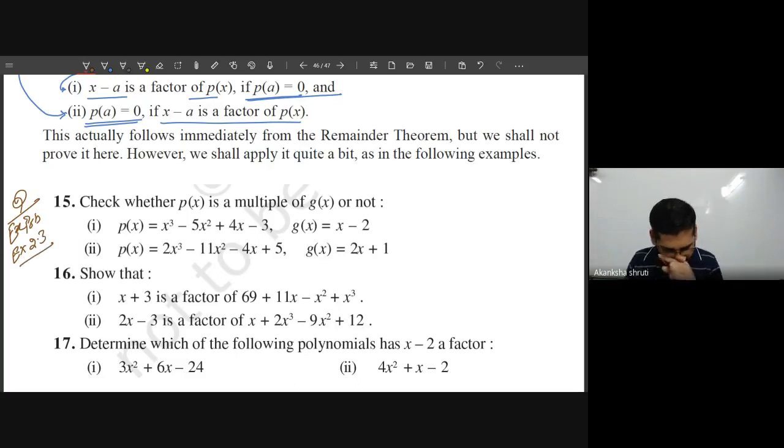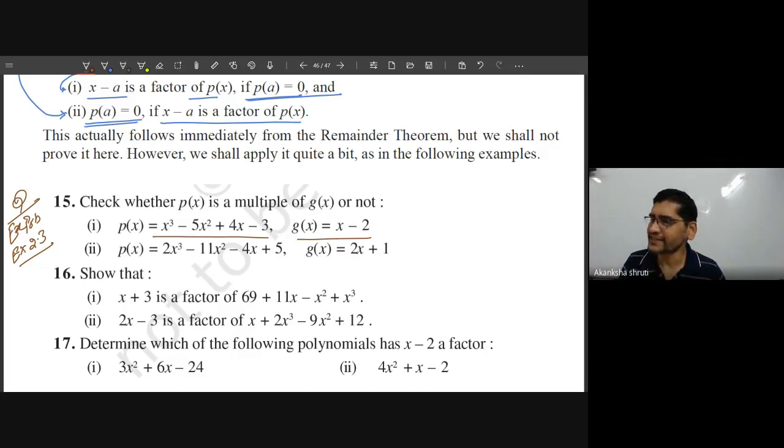Yes. Students, see here. We have to check whether this is a multiplier of this one or not. Means we will go for dividing. If the remainder comes to 0, I can write this P(x) as a multiple of G(x) multiplied by something else. Then it becomes a multiplier. So factor or multiplier mean the same thing.